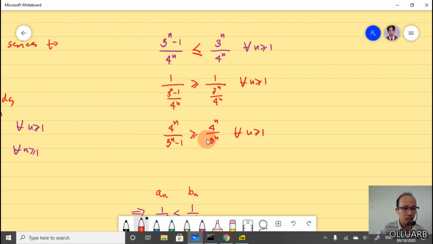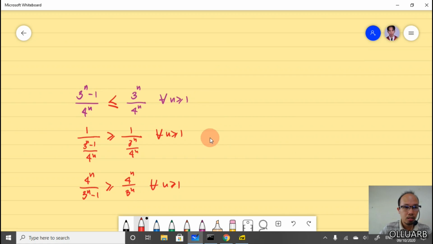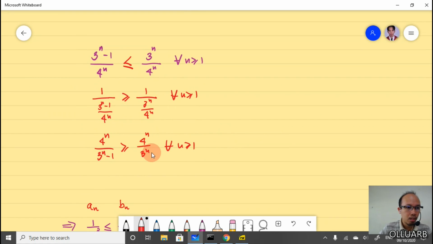As you can see in the discussion, this is the original series on the left hand side, and it says that if the smaller series, the a sub n, is divergent, then the bigger series is also divergent. That's basically what the direct comparison test, or comparison test, is saying.